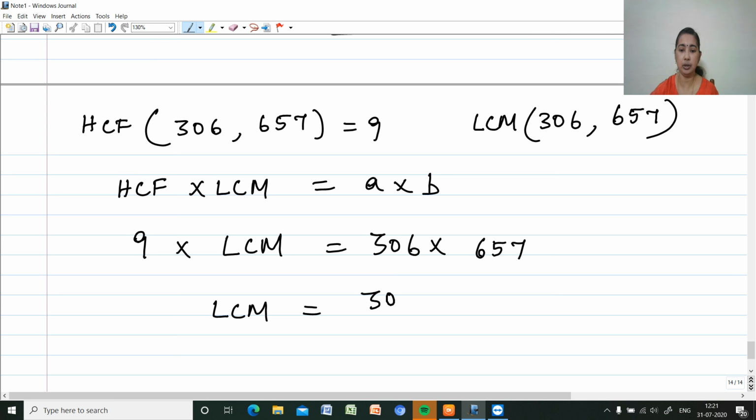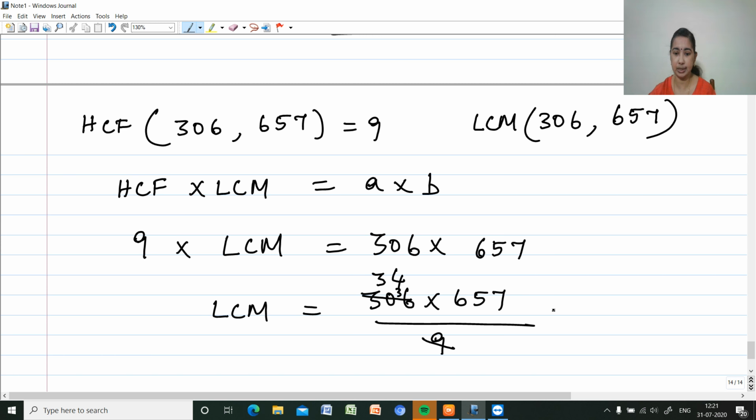That is 306 into 657 divided by 9. So we can cancel this 9 over here. 9 3s are 27, remaining 36. 9 4s are 36. So multiplying this, we will get the answer.